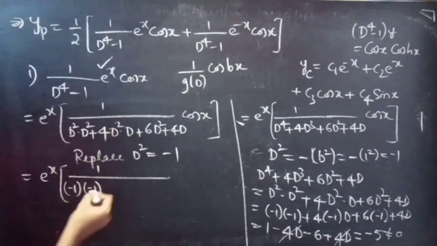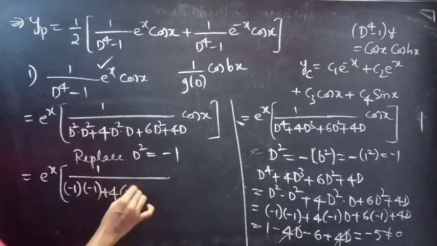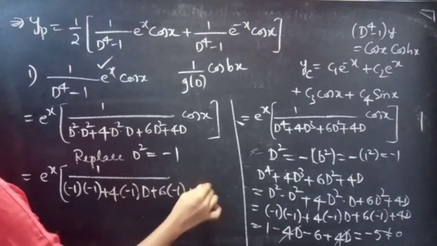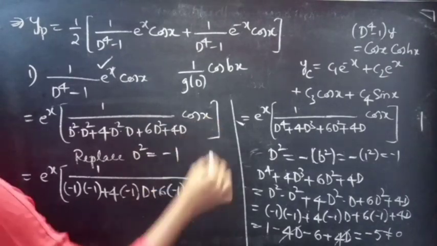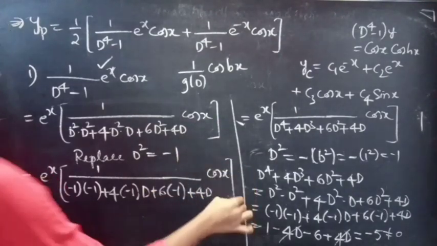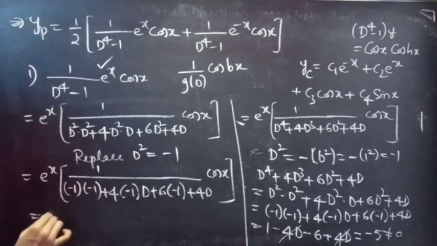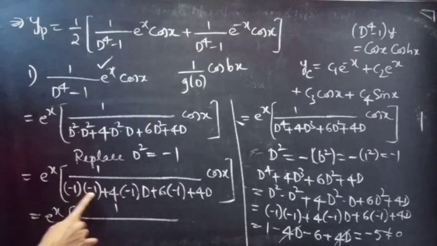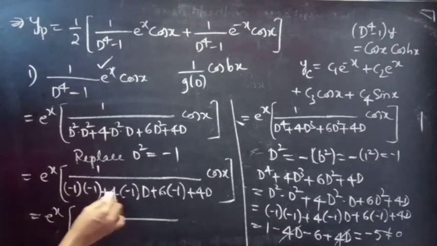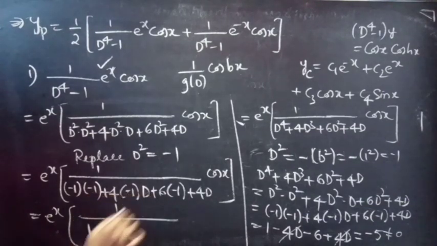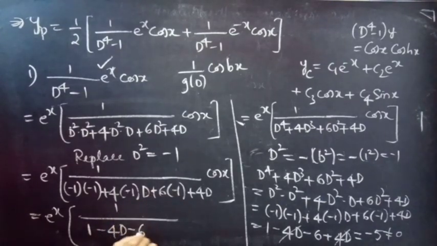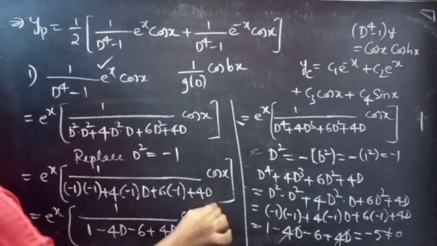Okay, minus 1 into minus 1 plus 4 into minus 1 into d plus 6 into minus 1 plus 4d into cos x. Right? Is equals to e power x into 1 by minus 1 into minus 1 is plus 1, plus into minus minus 4 into d, 4d, plus into minus minus 6 into 1, 6 plus 4d into cos x.